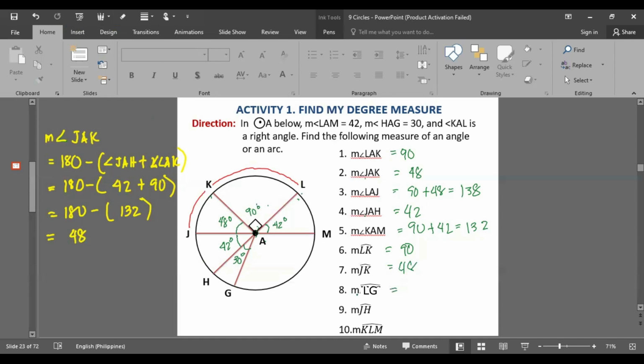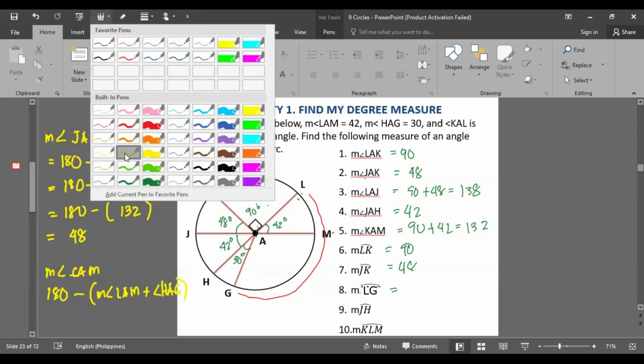Next, measurement of arc LG. But we do not know yet the measurement of angle GAM, right? To get the measurement of angle GAM, we simply subtract from 180 the sum of angle LAM and angle HAG.